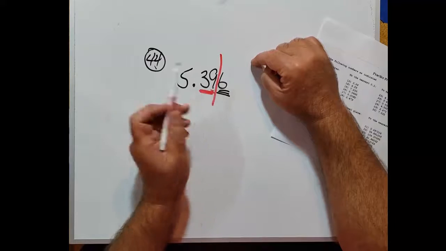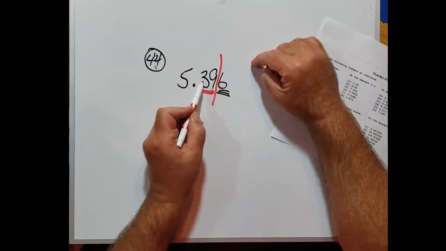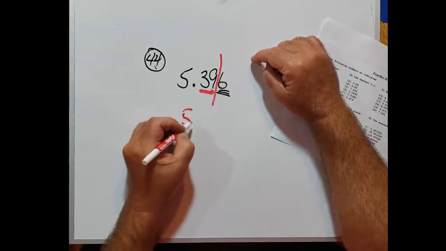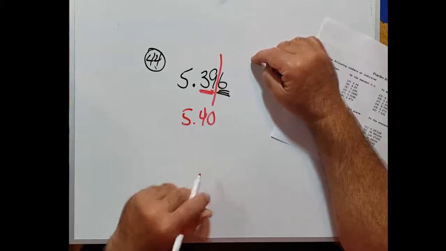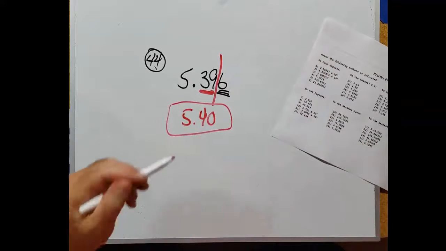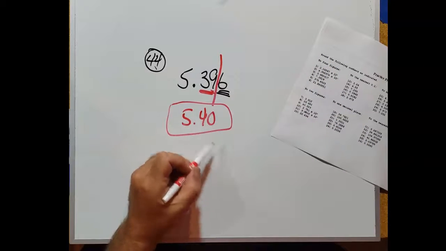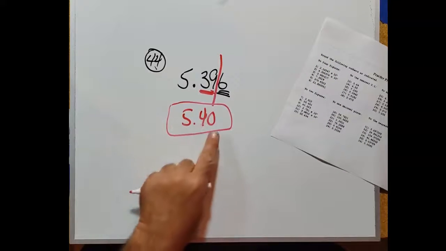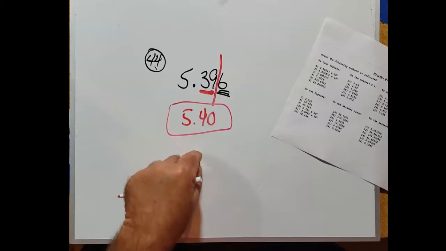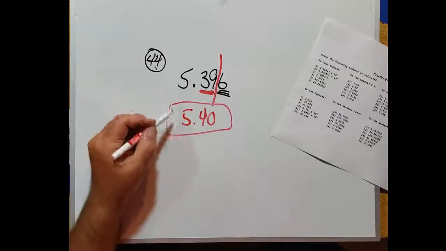Instead of saying I'm going to round a 9 somewhere, I'm going to round a 39 up to the next number, so that would become 5.40. Now, just real quickly, how many sig digs in this answer? 1, 2, 3. Trailing zeros to the right of a decimal point are significant. Go back and look at your sig dig rules.